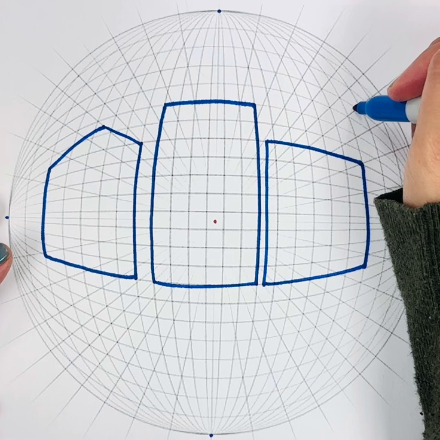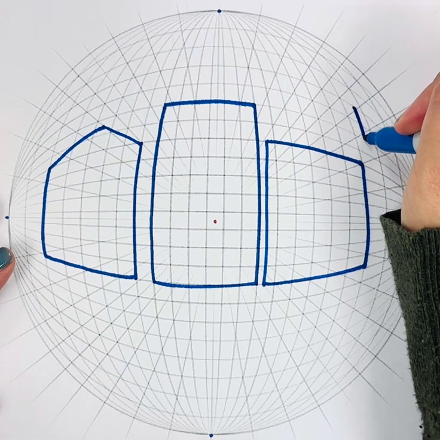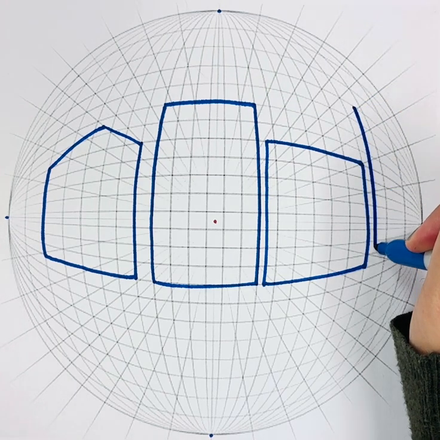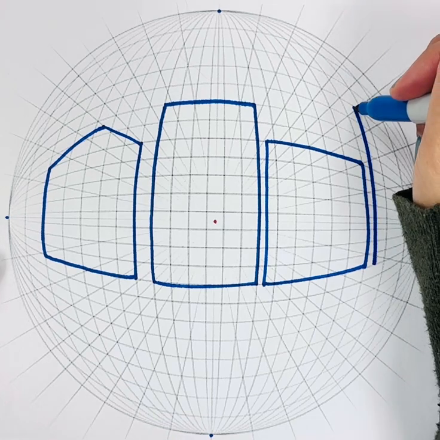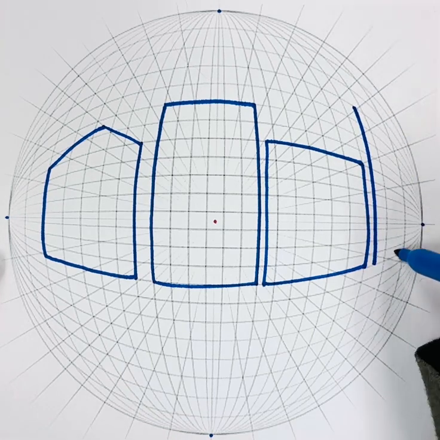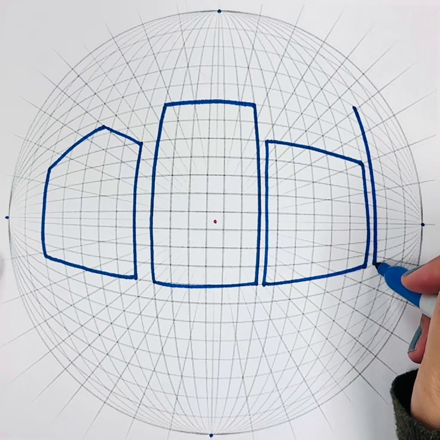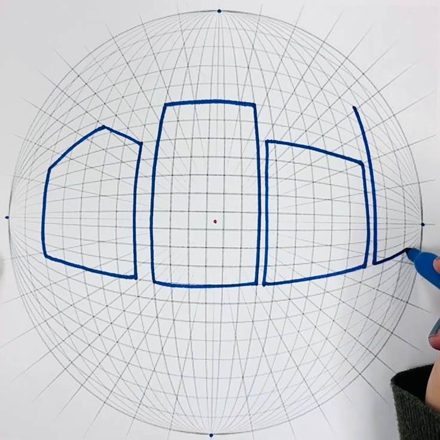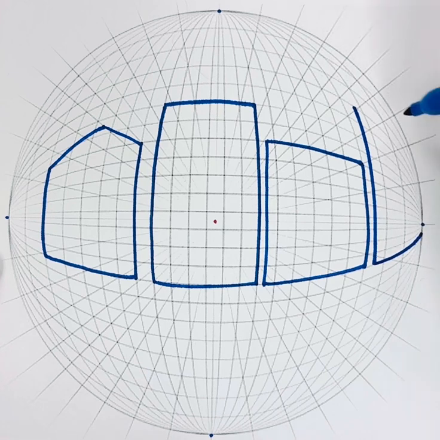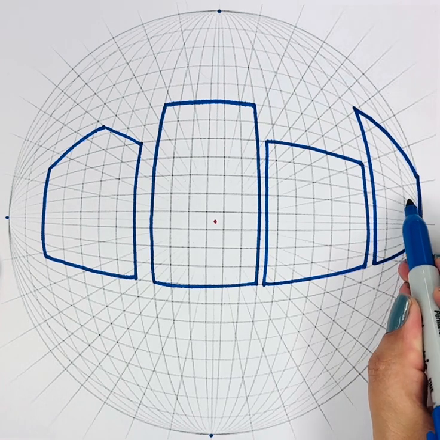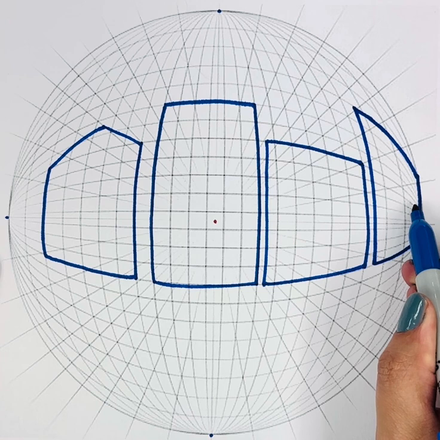Actually, maybe I'll do one really tall one back here. And when you get towards the edges, that's where all the distortion comes in. Have that go all the way. Something I should point out is that our rectangles or our squares get longer towards the edge.